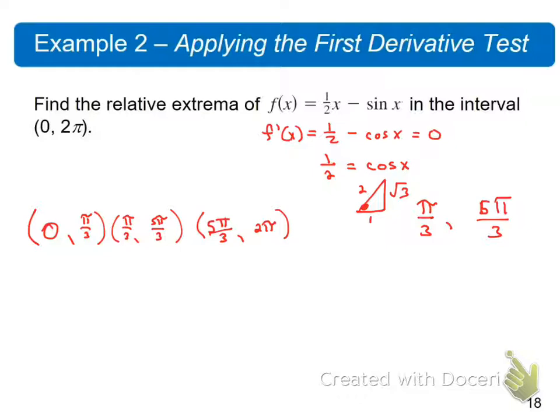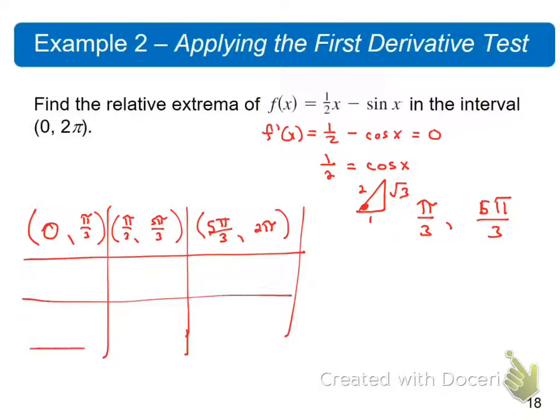Okay? A little bit more complicated because you've got to think of numbers on the unit circle in that interval. Y'all follow me? And all I want to know is this is f prime of x, and that's going to tell me what f of x is doing. Okay, everybody have this set up? I'm going to go to my next slide. I'm assuming they're going to have a table here for me.